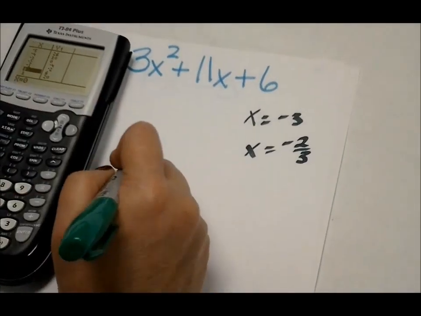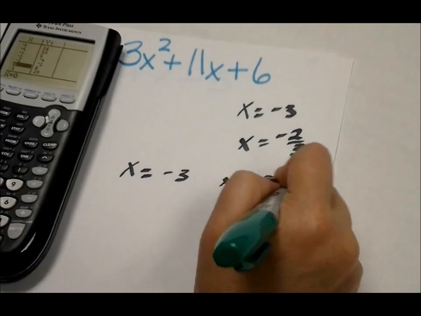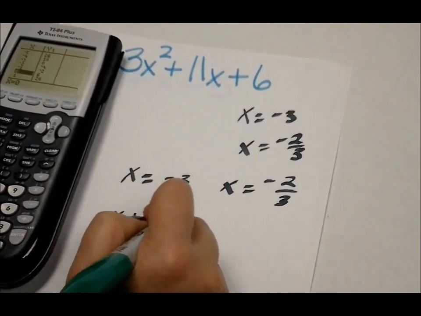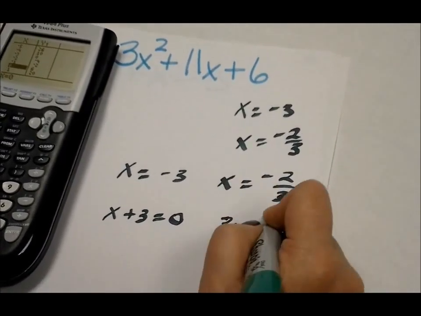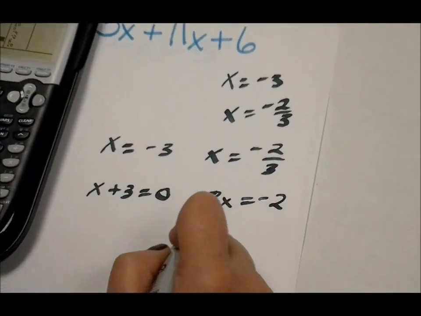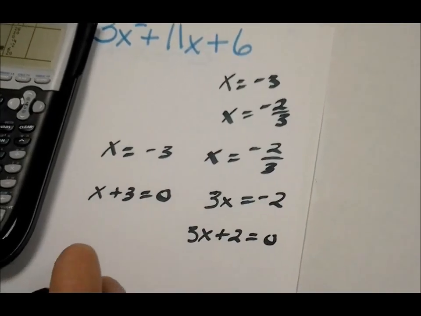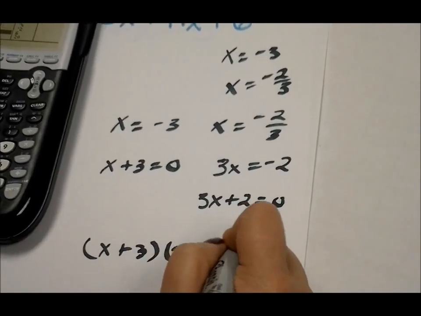So to get my factors, I have x is negative 3, x is negative 2/3. So this tells me x plus 3, by adding 3 to both sides, is 0. I'm going to multiply to get that denominator changed. So I get 3x is negative 2, which when I bring my 2 over, I add my 2, and my factors are x plus 3, 3x plus 2.